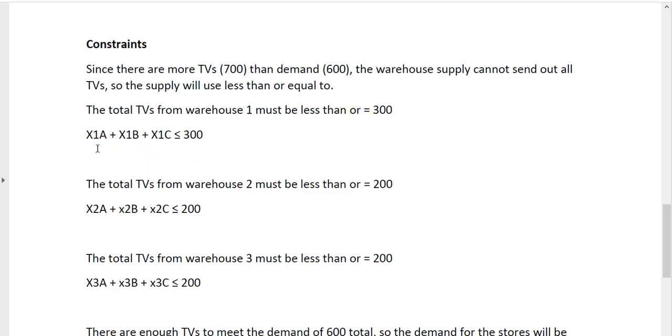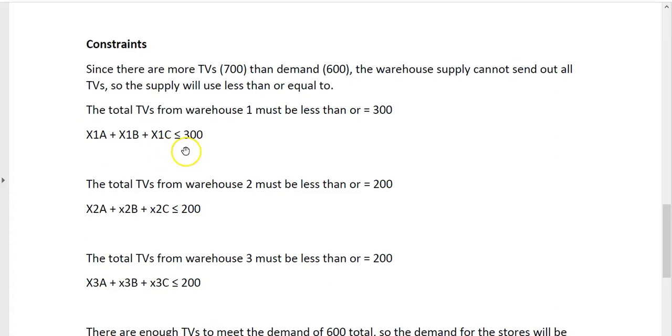All the TVs shipped from warehouse 1 would be 1A, 1B, and 1C, less than or equal to 300.